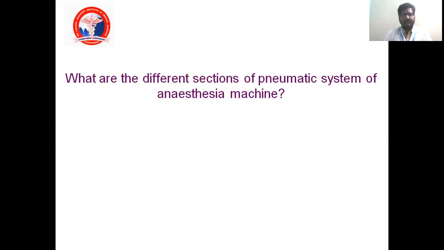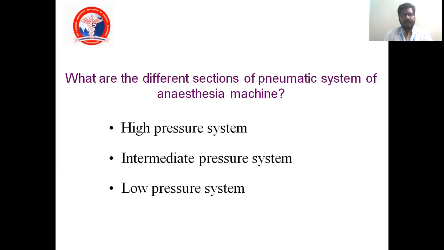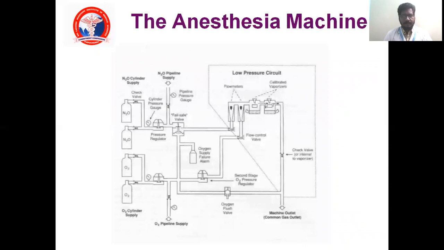Now, what are the different sections of the pneumatic system of anesthesia machine? This is a very important aspect in Boyle's apparatus and any other anesthesia workstation. It is classified into three major categories: high pressure system, intermediate pressure system, and low pressure system. This is the schematic representation of the anesthesia machine. As you can see here, this is the high pressure system, this is the intermediate pressure system, and this is the low pressure system.